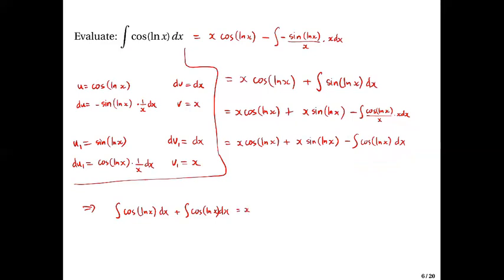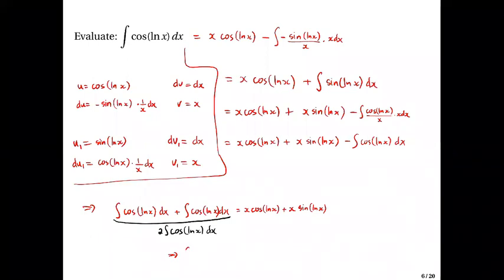On the right-hand side, we just have x cosine ln of x plus x sine ln of x. But this guy here, if you add this, this is just 2 integral of cosine of ln of x dx. So we divide everything by 2.